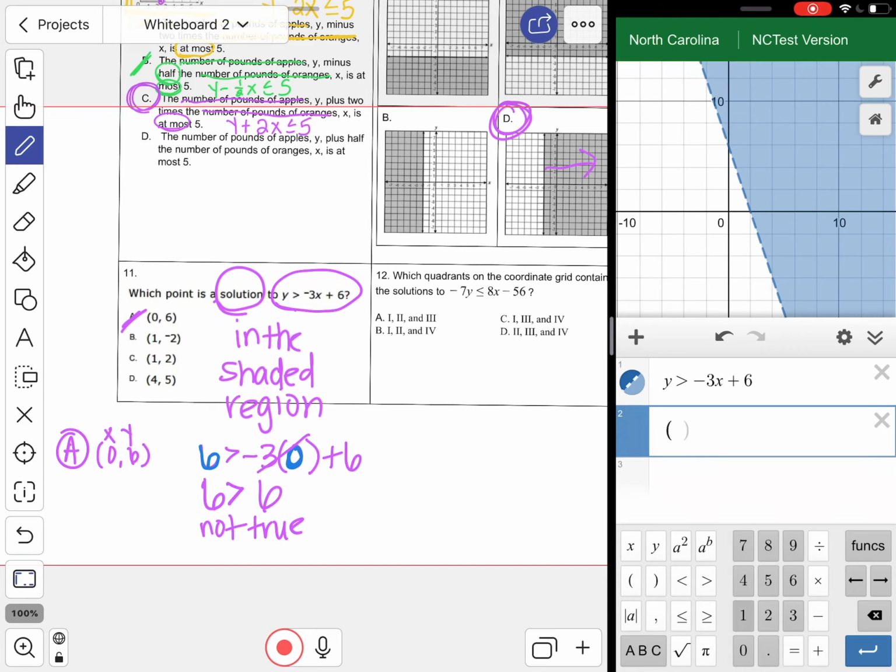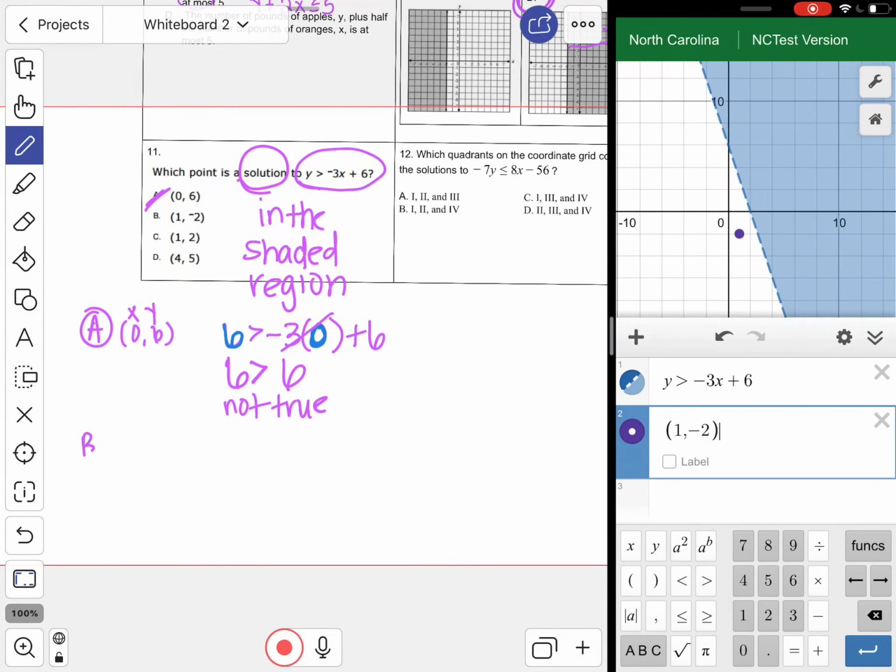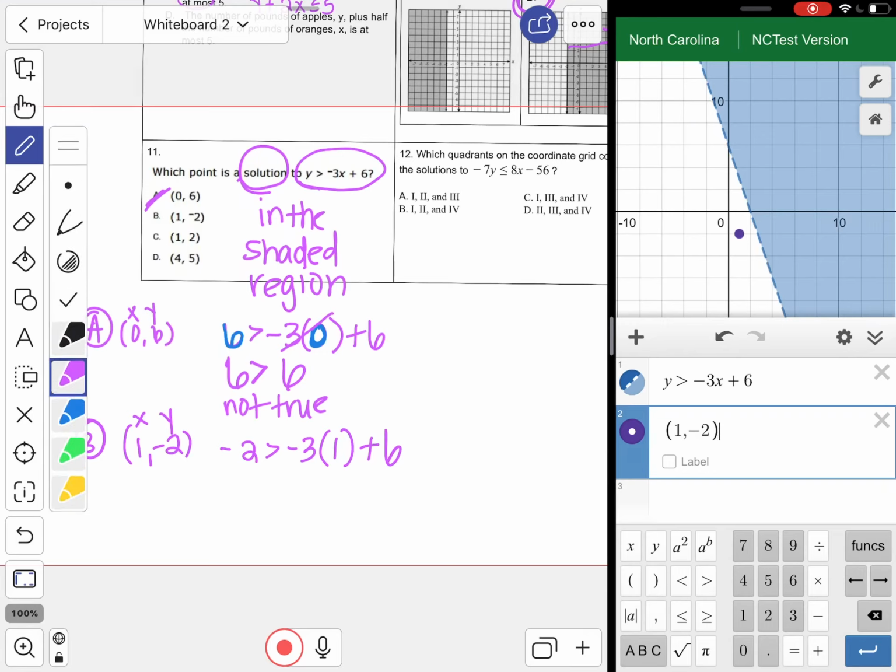All right, so then I have 1, -2. So 1, -2 is not in the shaded region. So since it's not in the shaded region, it is not a solution. Again, I can check that answer choice. So I have -2 is greater than -3 times 1 plus 6. So these are the two pieces that I just plugged in.